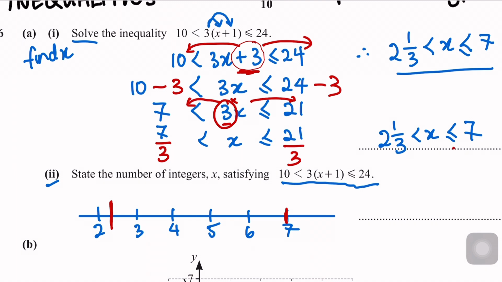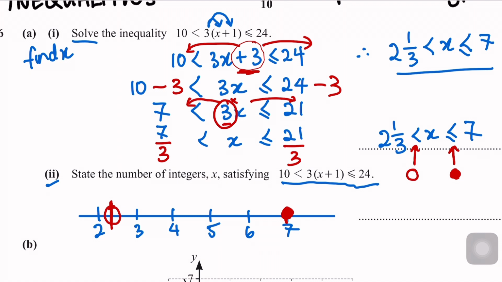When you have lesser or equal to, we display it as the full dot, the complete dot, because you have to include the number in the inequality. When you have lesser only without the equal to, you get an empty circle only, because you don't include the 1 over 3. So I shall display here.